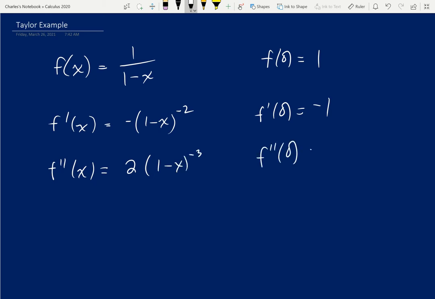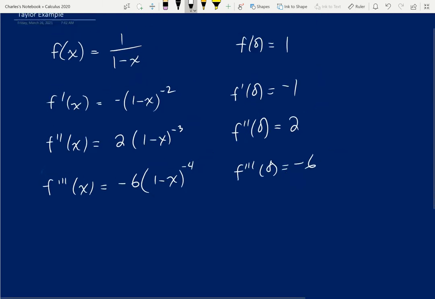What's the second derivative at 0? That's going to be 2. What's the third derivative of x? This is going to be negative 6 times 1 minus x to the negative 4. The third derivative at 0 is going to be negative 6.